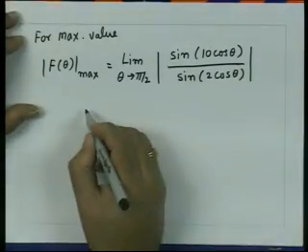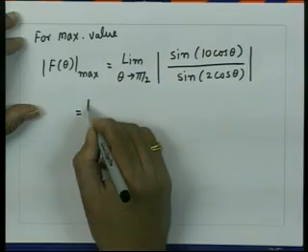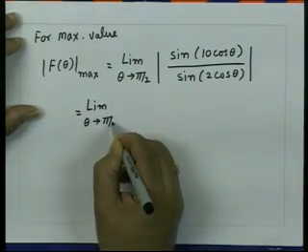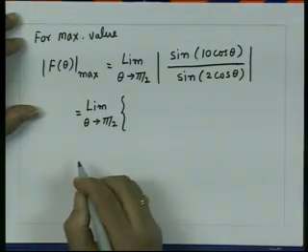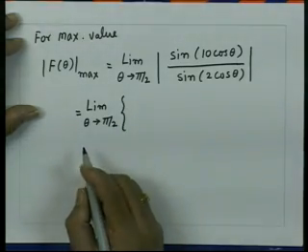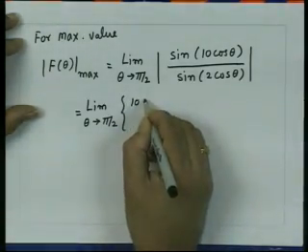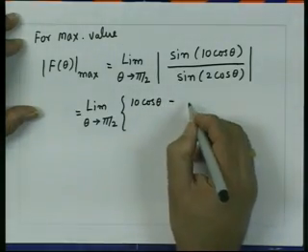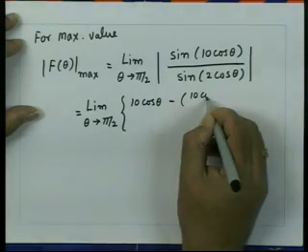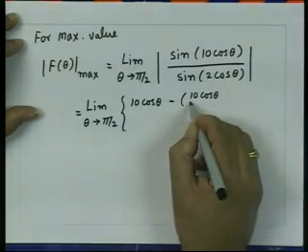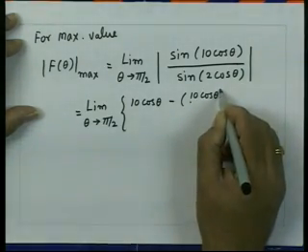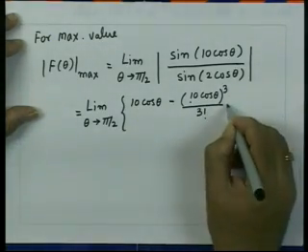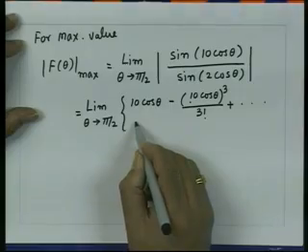Expanding this sine function, we get, as the limit theta tends to pi by 2, sine of 10 cos theta is 10 cos theta minus (10 cos theta) cube upon factorial 3 plus and so on.